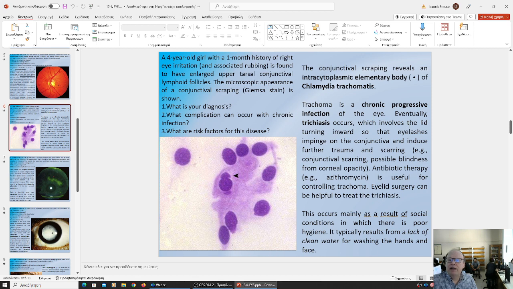And eventually, what happens in trichiasis? We see the lid turning inward, so the eyelashes impinge on the conjunctiva and induce further trauma and scarring. Due to the inflammation, the lid turns in. So the area is affected and it becomes prone to damage.